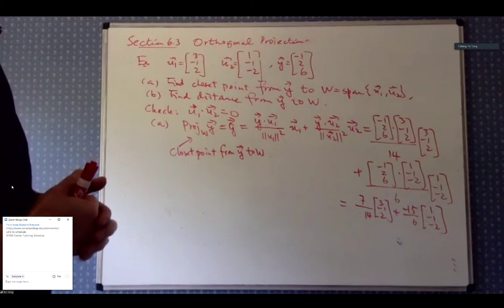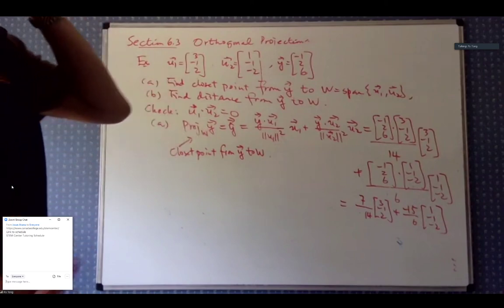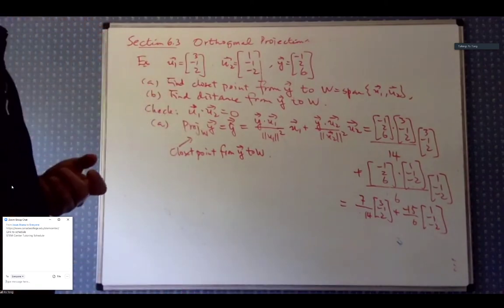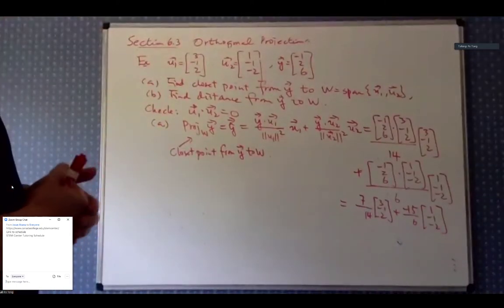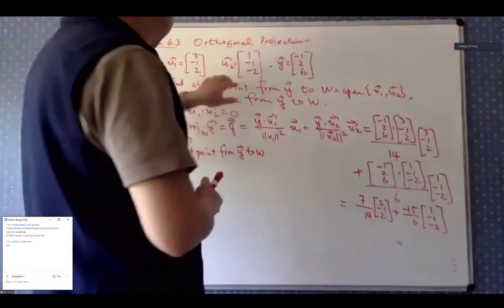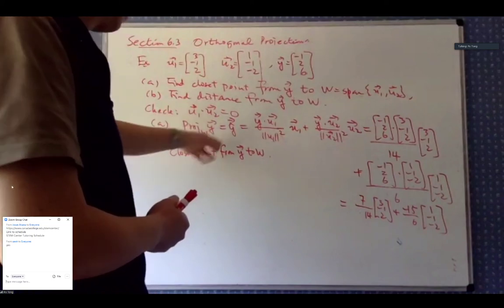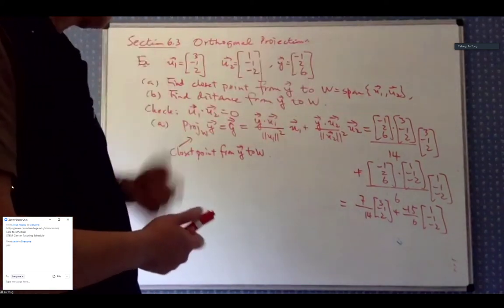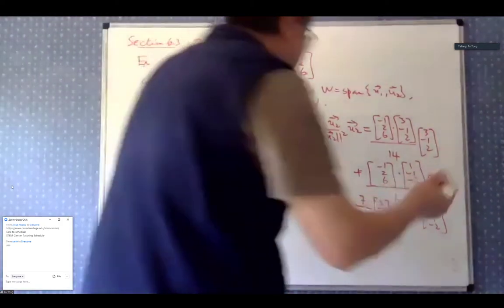I have the problem but not the answer, but everything seems okay. These two are orthogonal to each other, we checked that, and everything is just coming out from the formula. It's a little bit ugly.